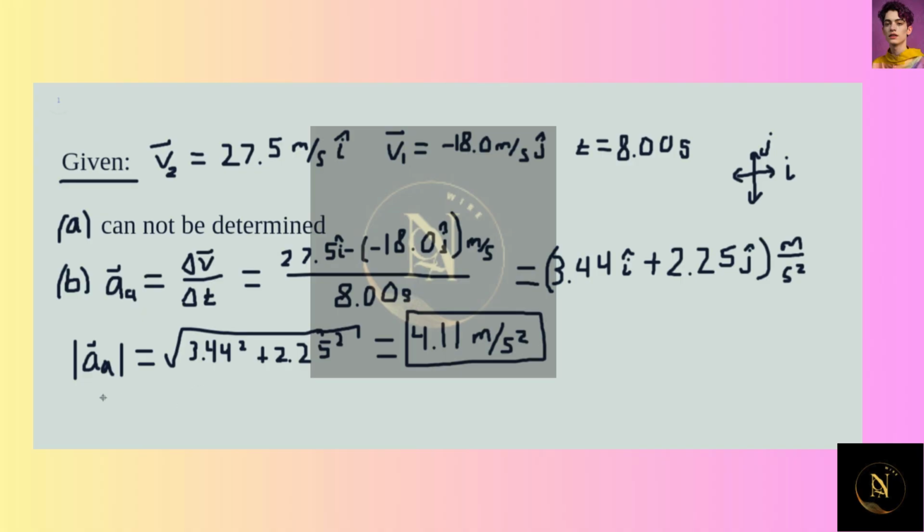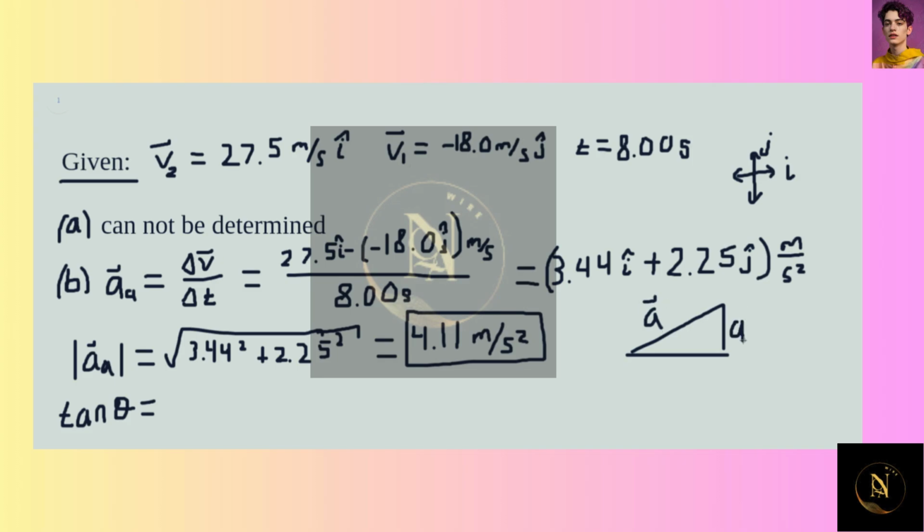Well, in order to be able to find this direction, we can use our trig identities where tangent theta is equal to the opposite over the adjacent. And let me draw out the triangle that I'm talking about here. So this is A, the magnitude of A, we just determined that.